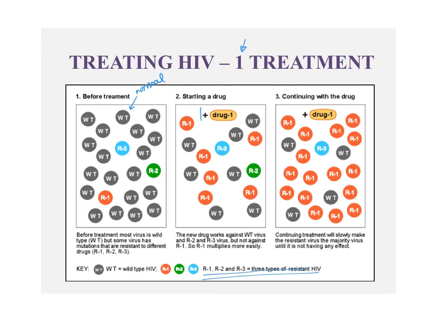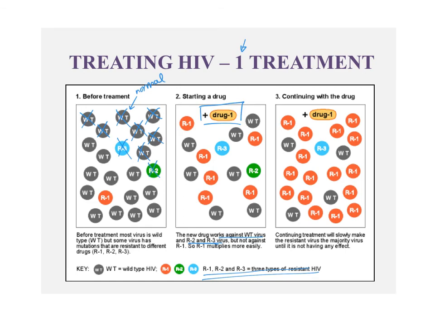Now, if I give a treatment of drug 1, drug 1, as it says down here, works against the wild type virus, that normal virus, and R2 and R3. So over time, R2 and R3 are all going to get knocked out or killed anyway, and so are all of the wild type ones.